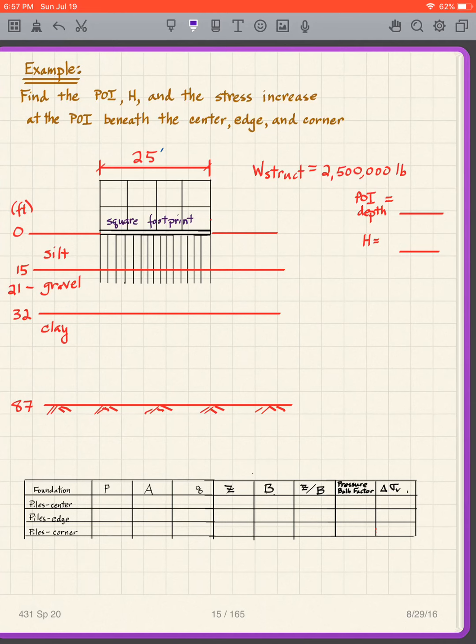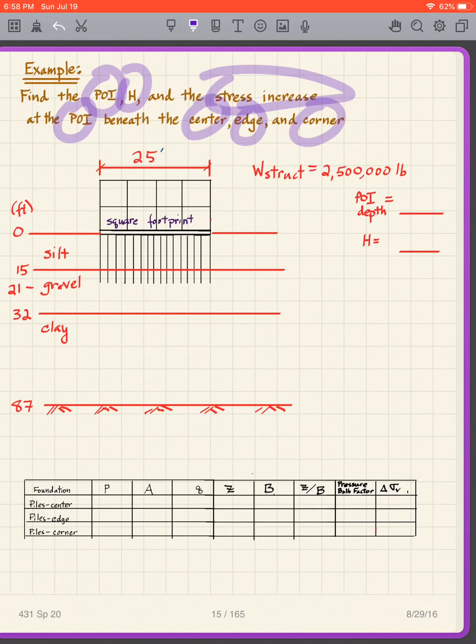Okay, I'm going to let you do this problem. This is all review. We're going to find the point of interest, H, and the stress increase at the point of interest beneath the center, edge, and corner.